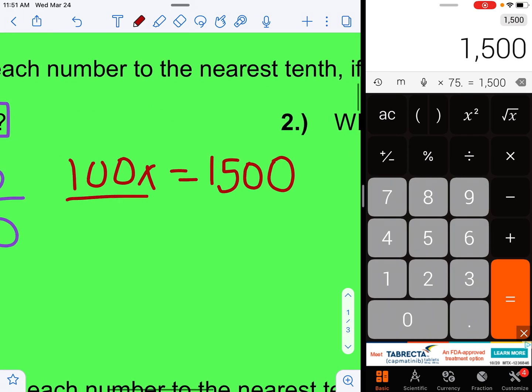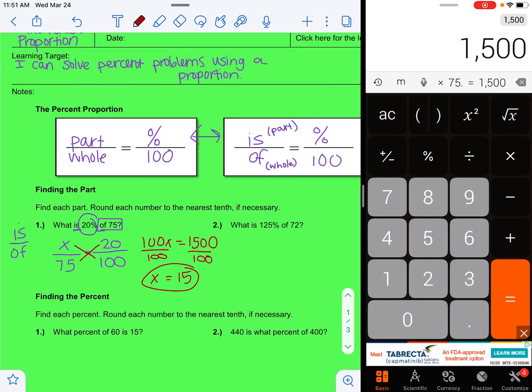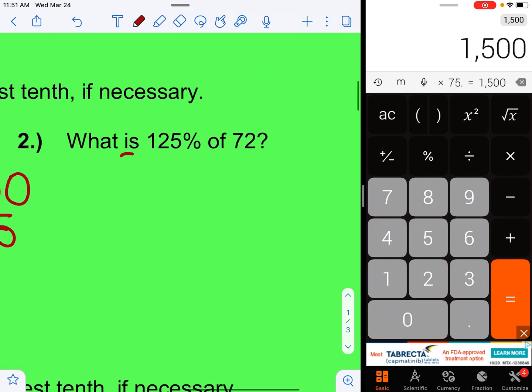And now we need to solve for x. So remember, we divide by 100. So we get x is equal to 15. So 15 is 20% of 75. Awesome, moving on to the second one.